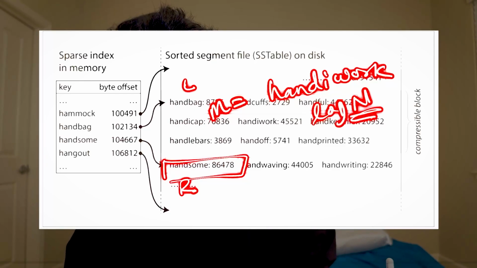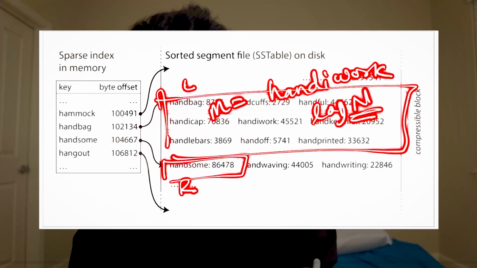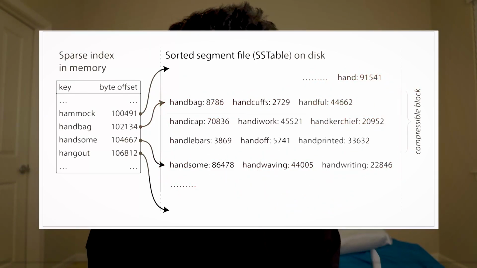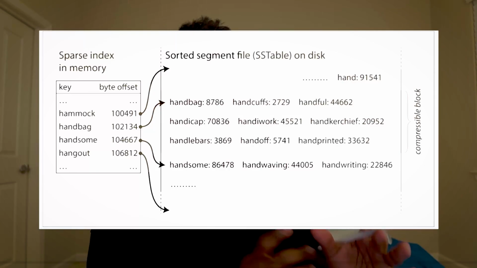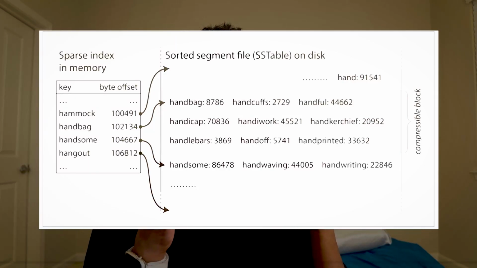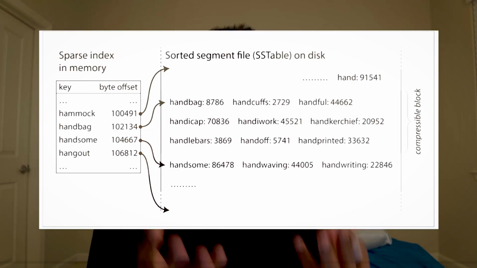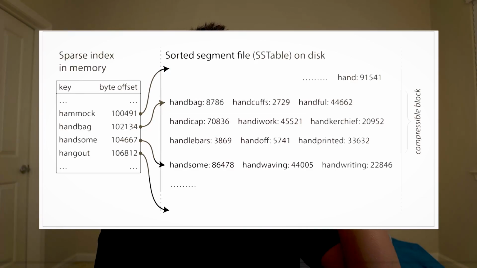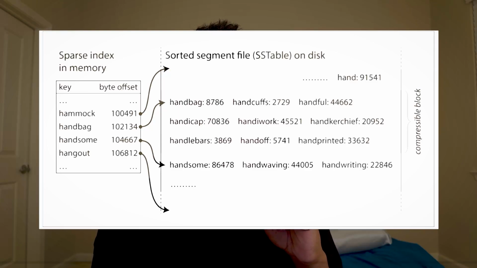And here n is the size of this block. R minus L is the size n, not the entire n. So we are reducing the space and searching it with binary search. It is efficient, right? It is super duper fast. Previously we were searching in O of n time when appending to the log file, but that costs a lot.